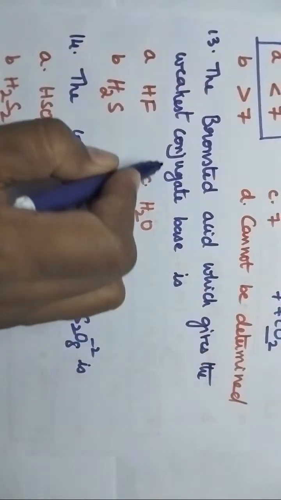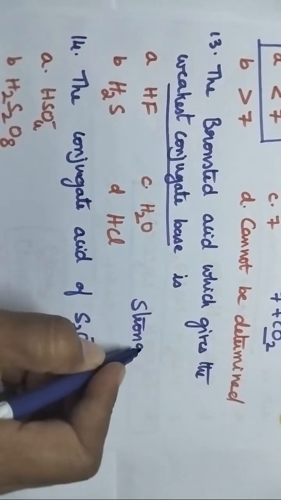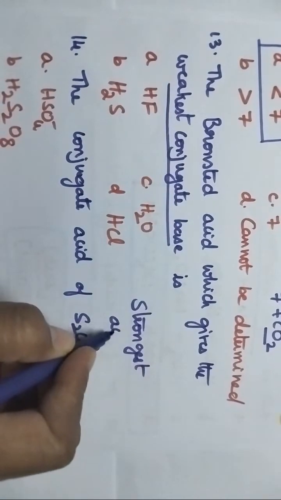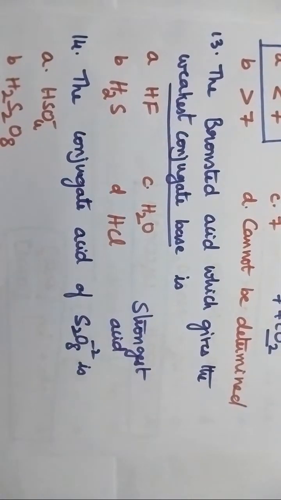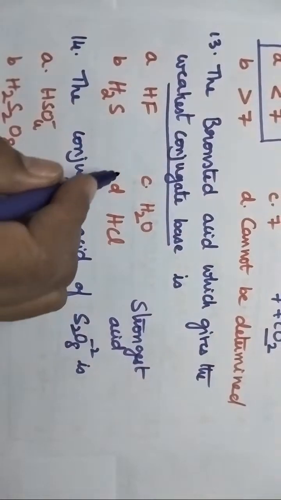So, the weakest conjugate base is obtained from the strongest acid. So, you have to identify the strongest acid. I think this question is repeated. Okay. Priceless brains, very good.